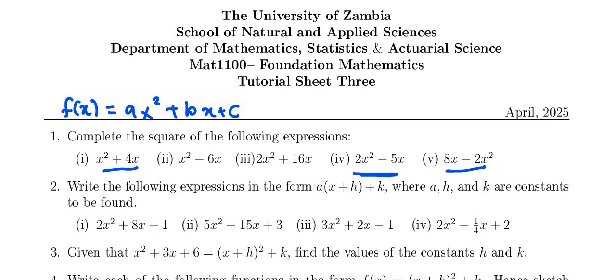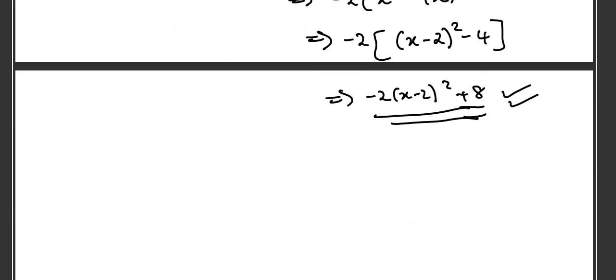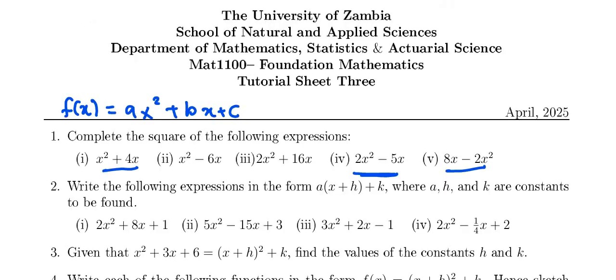I can try number 4. Number 4 is simply part IV, which is 2x squared minus 5x. When we factorize the 2, this is going to be x squared minus 5x over 2.